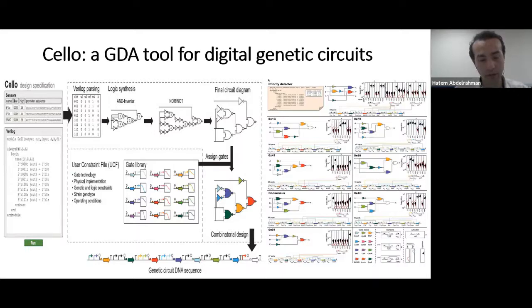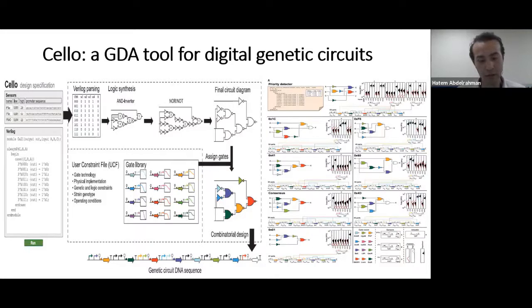First, it compiles this high-level specification into a truth table, into Boolean logic expressions, and uses these Boolean logic expressions along with a library of genetic logic gates to build the final genetic digital circuit.